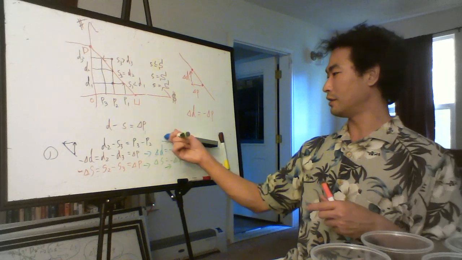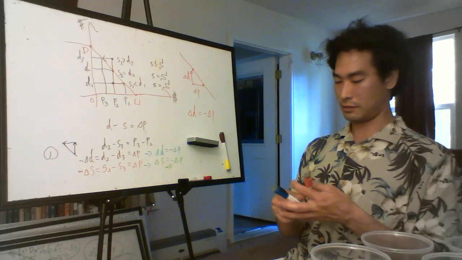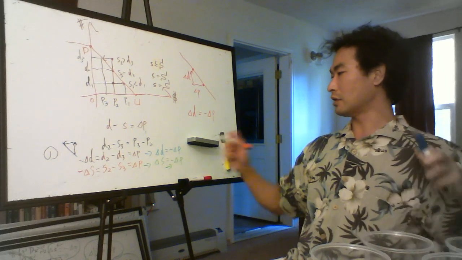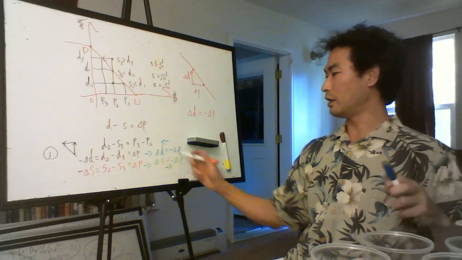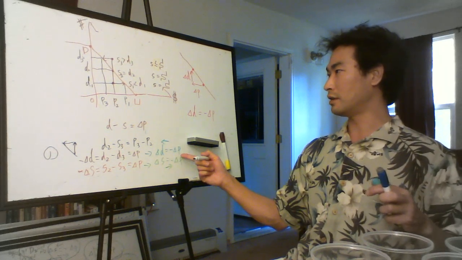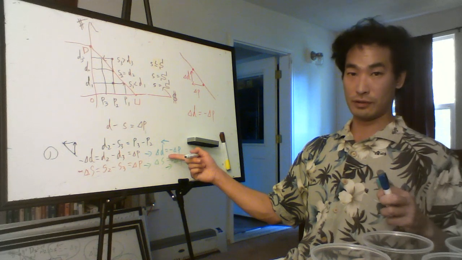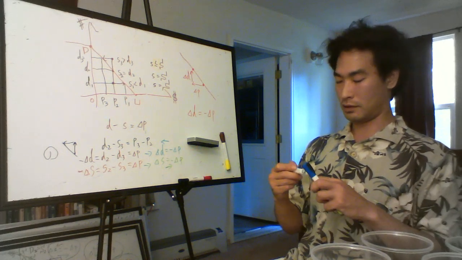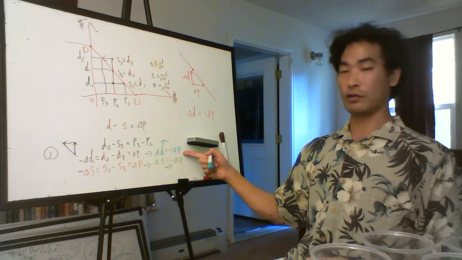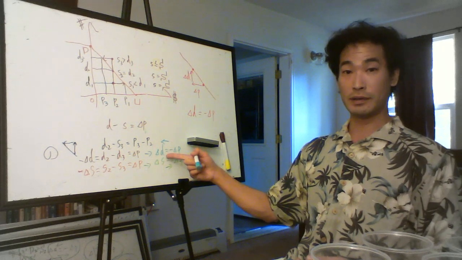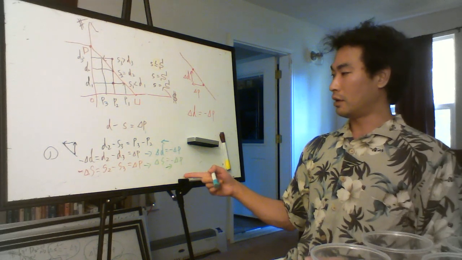I'm sorry, this is the wrong direction here. It's actually this, okay? If price goes up, then demand will go down. If price goes down, then demand will go up, okay?